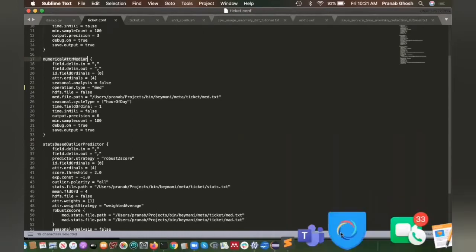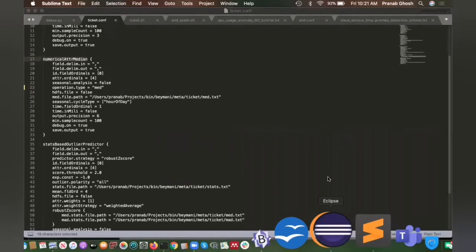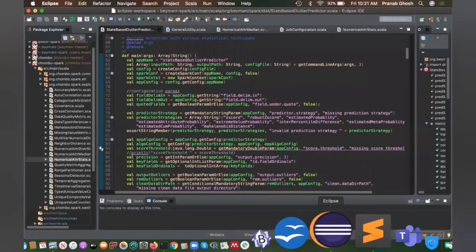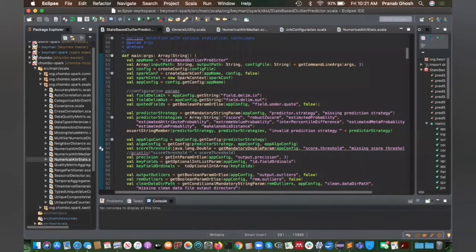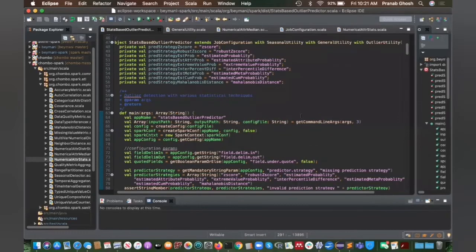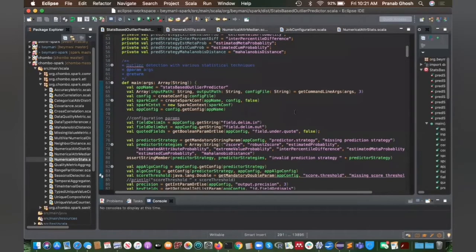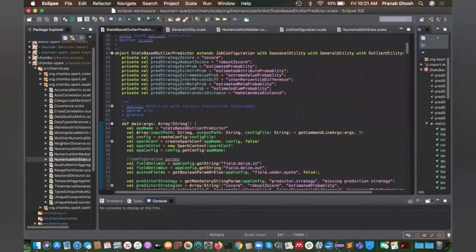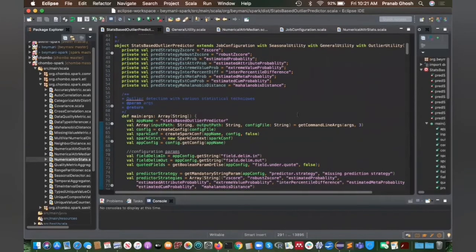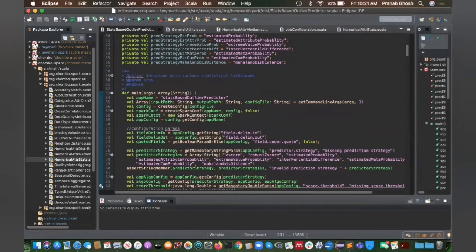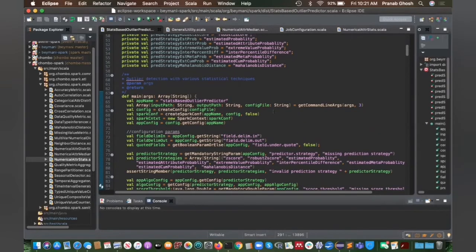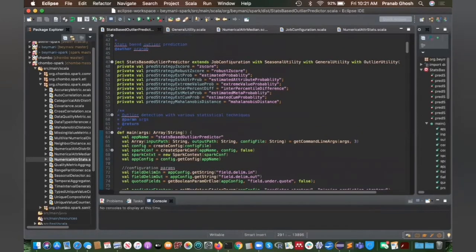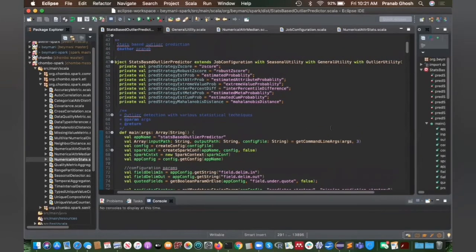I can show you. This is the actual Spark job implemented in Scala, which supports all those algorithms that we just talked about. See, this Spark job has this name, which matches the name in the configuration file. I have a Scala trait called job configuration, which does all the configuration management.